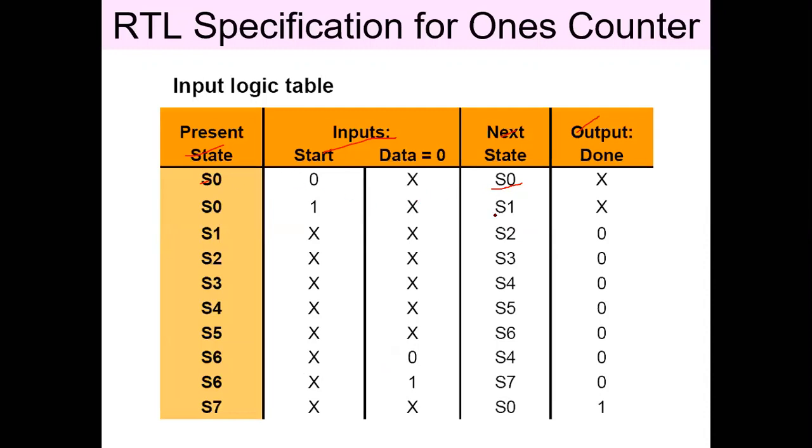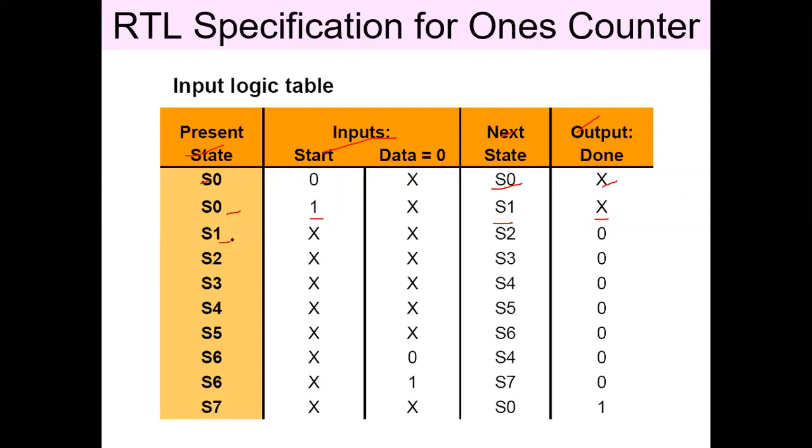The done signal is undefined in this scenario. If the present state is S0 and the start signal is 1, then independent of data, the next state will be state 1. When the start signal is received, it moves to state 1. The output done signal is not used here, so it is again undefined.